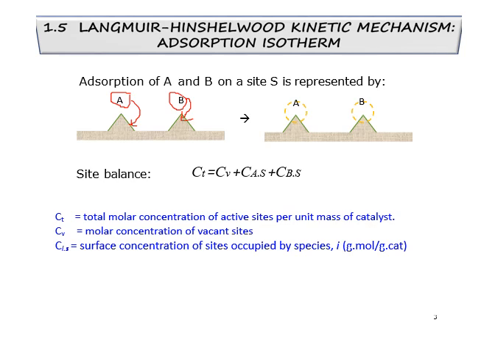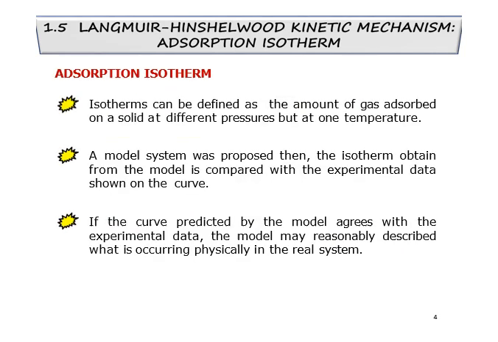So for the site balance, the total concentration would be the concentration of vacant sites plus the concentration of sites occupied by A, and the concentration of sites occupied by B. Again, this is the definition of the terms. CT is total molar concentration, CV is molar concentration of vacant sites, CIS is the surface concentration of sites occupied by species.